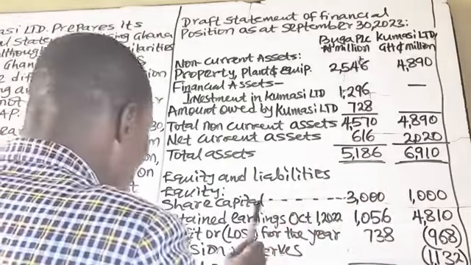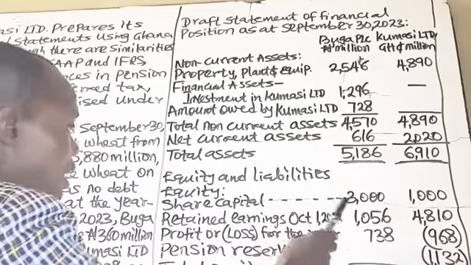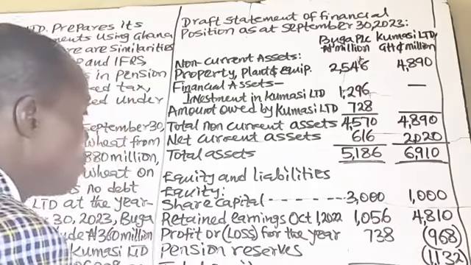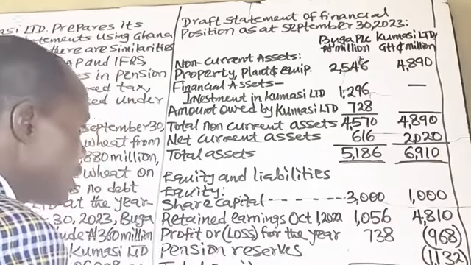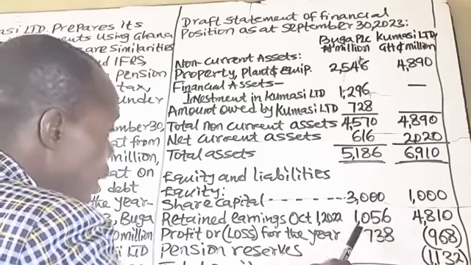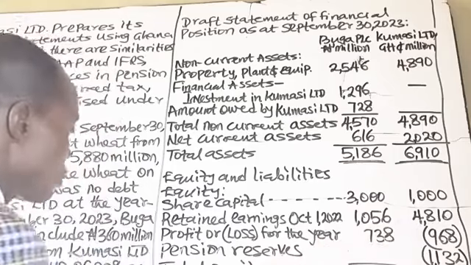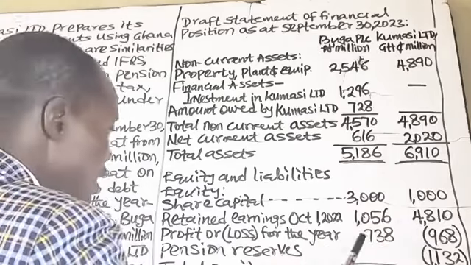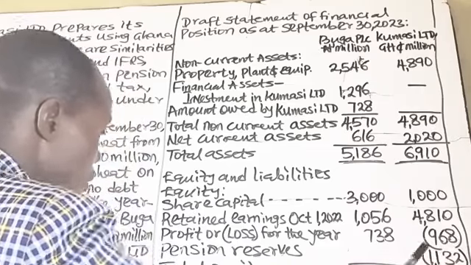Equity and liabilities. Equity share capital 3,000 and 1,000 for Buga and Kumasi Limited. Retained earnings on October 1st, 2022, 1,056 and 4,010. Profit or loss for the year 738 and 968, a loss.